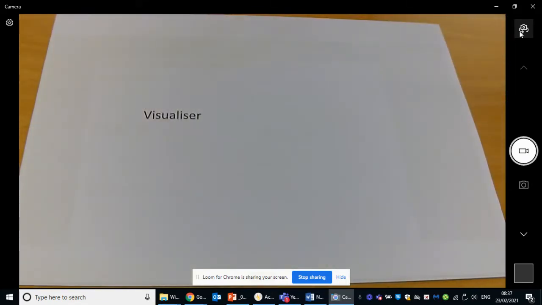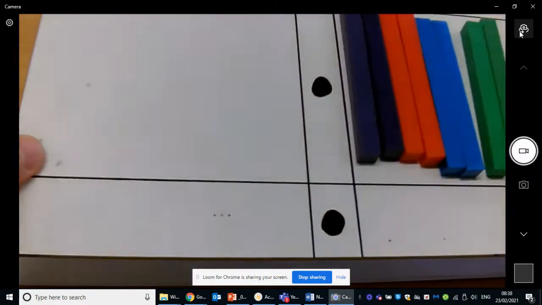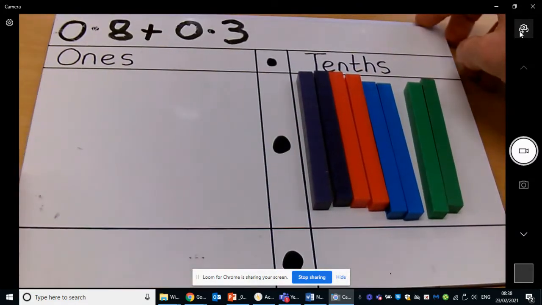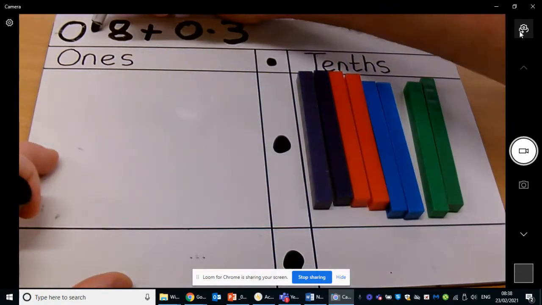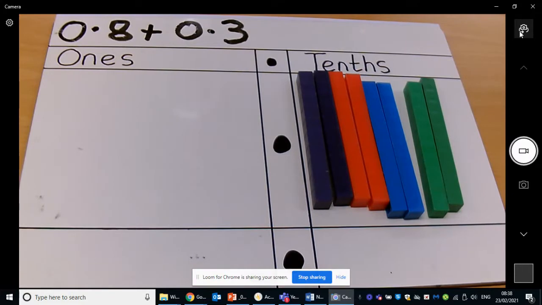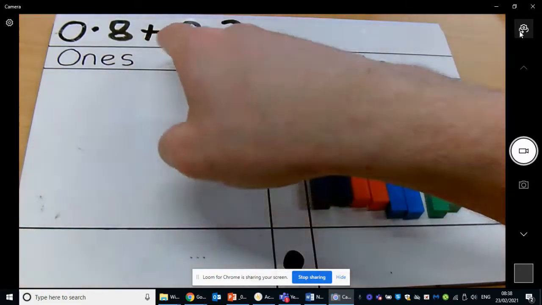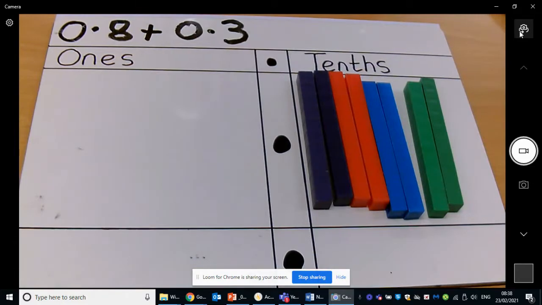So that's just a cue for me to grab my visualizer. We're going to try some addition and subtraction using decimals and our Dienes blocks. Here we have 0.8 plus 0.3 as our question.